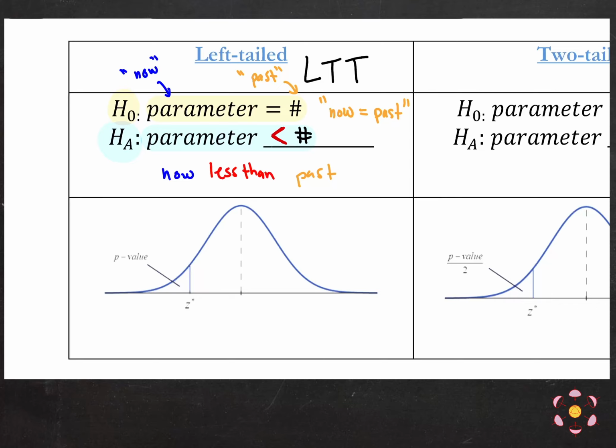So let's say that, again, 5 years was a long time ago. People loved dogs 5 years ago, so we had 80% that loved it. But we think now everyone hates dogs, so we think that the true proportion of Mount SAC students that love dogs is now much less, okay? What does it mean to be less than the past? Again, less than that 80%.